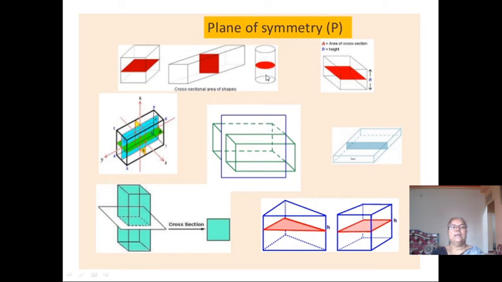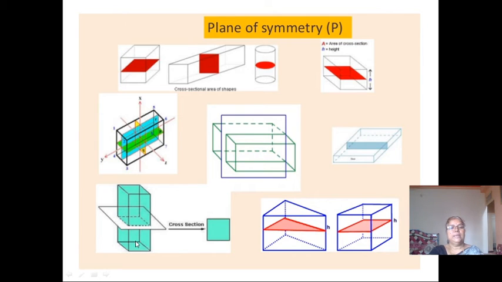Then again we have the next figure, and this imaginary plane cuts this figure into two equal parts, and it is the plane of symmetry. Any crystal may have more than two or three imaginary planes that cut the crystal into two equal parts.